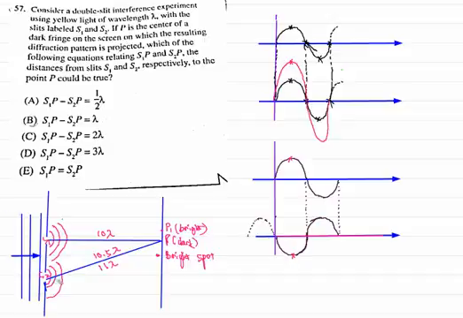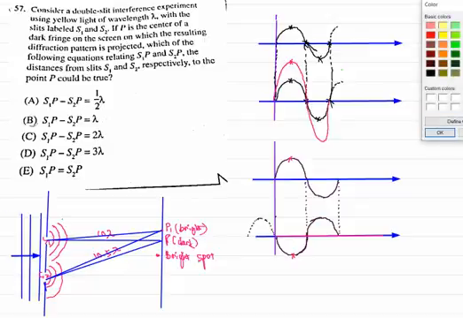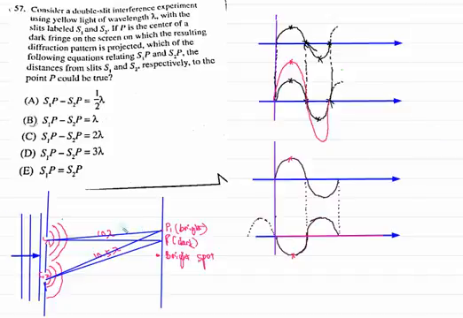Because by then P1 here is 10.5 lambda, this one could be 11.5 lambda.